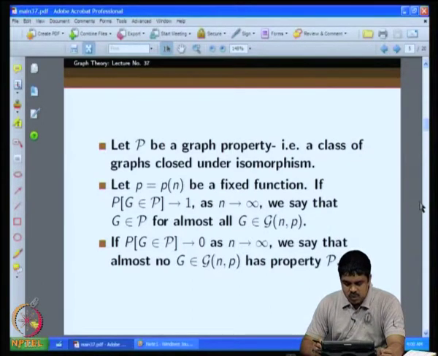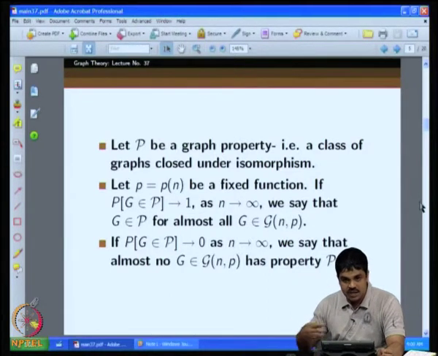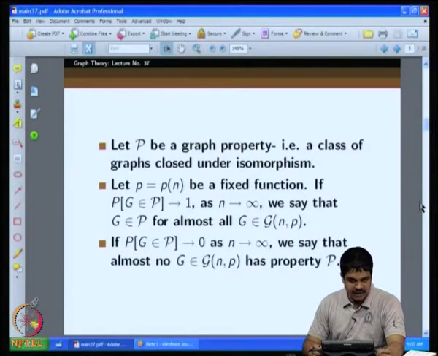And then if it so happens that the probability that the randomly drawn graph has the desired property P tends to 1 as n tends to infinity, for a large number of vertices, then we will say that this property is there for almost all graphs. So, G has the property P for almost all graphs, or almost surely G has this property.